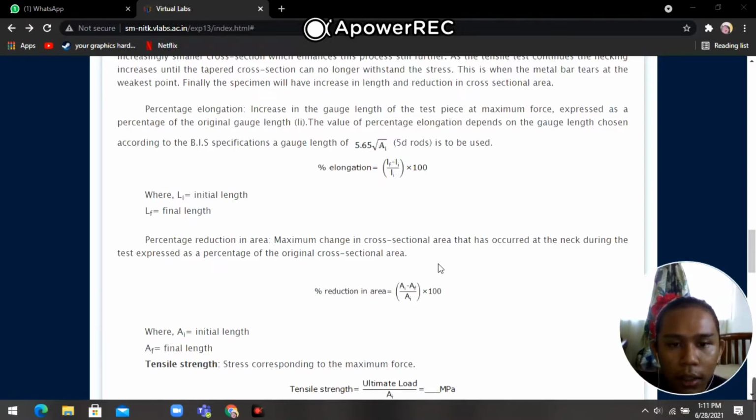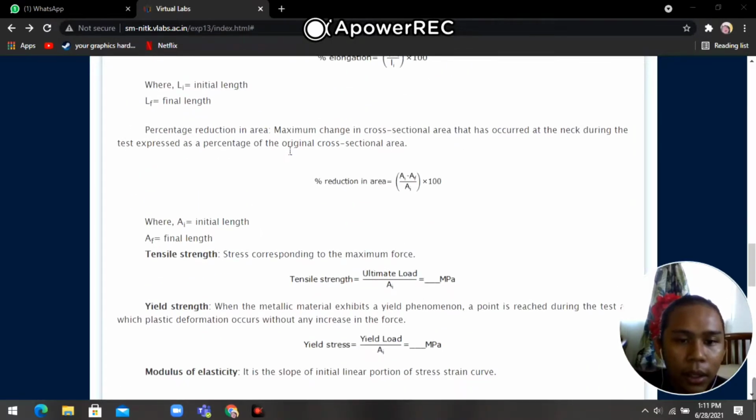A gauge length of 5.65 square root of Ai, or 5D for a rod, is to be used. Percent elongation equals Lf minus Li divided by Li multiplied by 100, where Li equals initial length and Lf is final length.